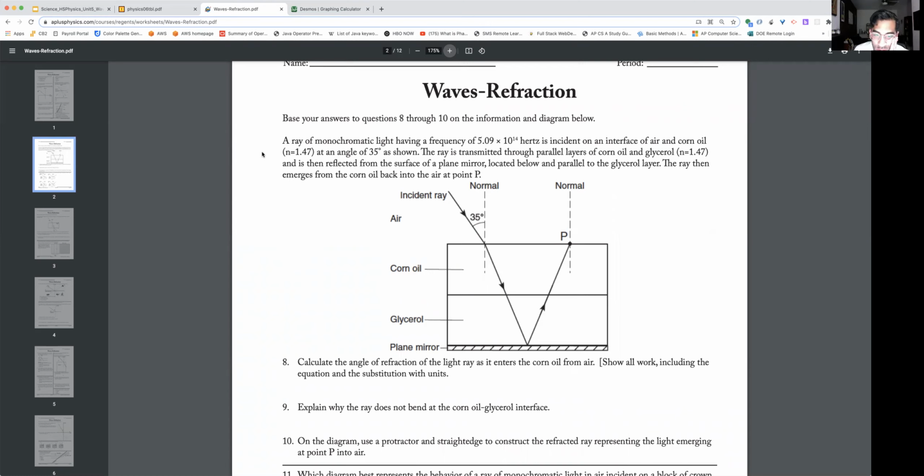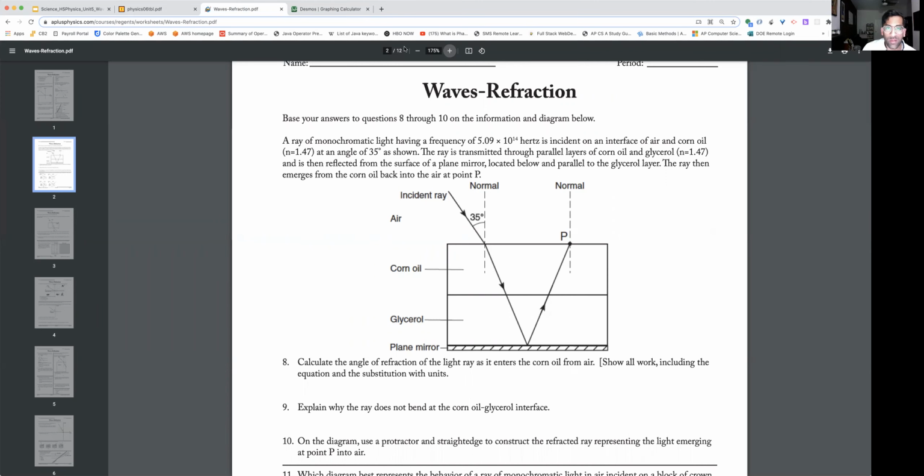We start with just plain old air. We go into a perfectly rectangular layer of corn oil, and then under that is glycerol. And these are just 2 different materials that light can travel through and still be seen. So we don't need to stress too much about why we're passing the light through this. We just want to get a feeling for how light is changing and how we can track it.